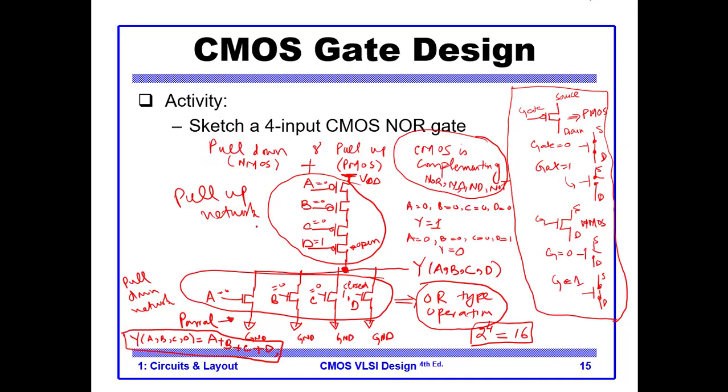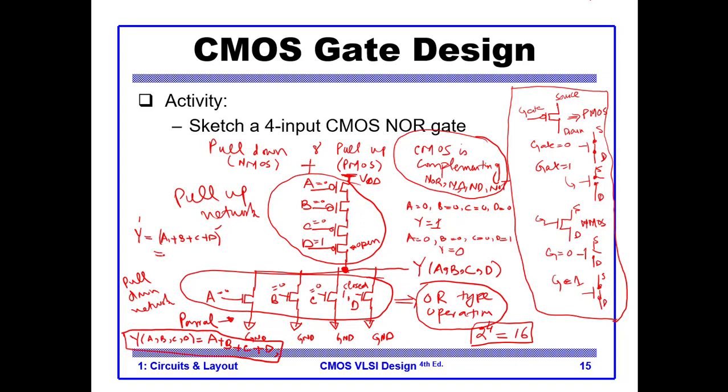And if we come to the pull up network, it is basically Y bar, and Y bar is what? Y bar is (A plus B plus C plus D) bar.